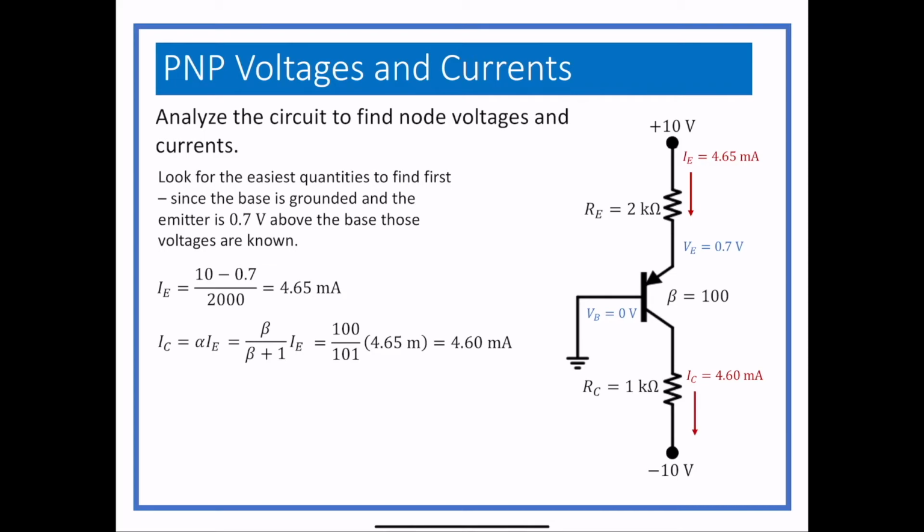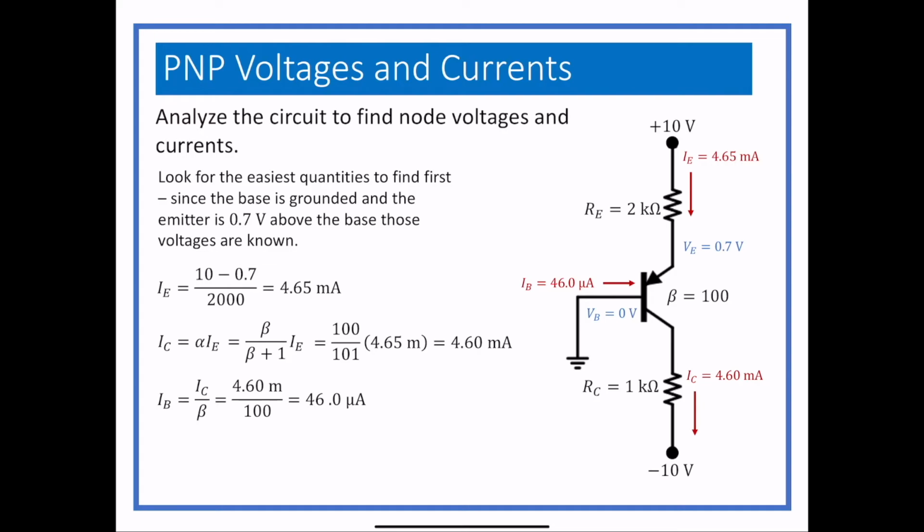And then we can find IB either by taking IE minus IC. I think this time I took IC over beta and got the value that way. That's going to give you a more accurate result, because you'll notice if I took IE minus IC, I'd actually get 50 microamps, and it's really 46. So using beta is generally a better way of doing it.